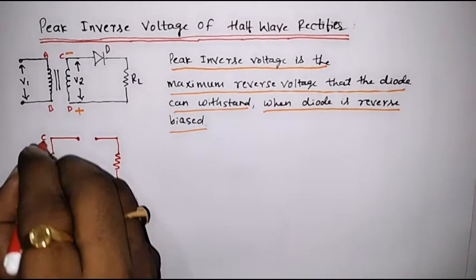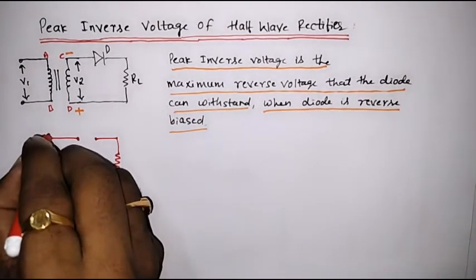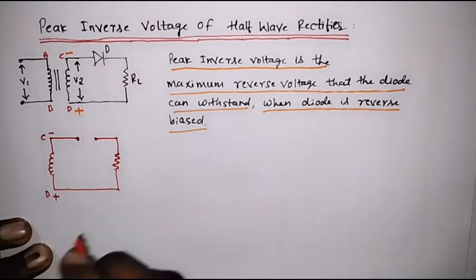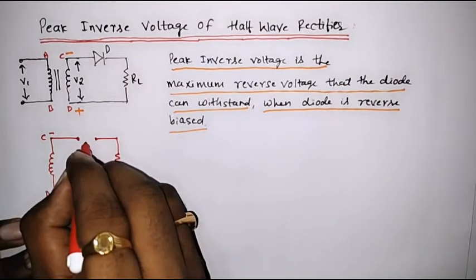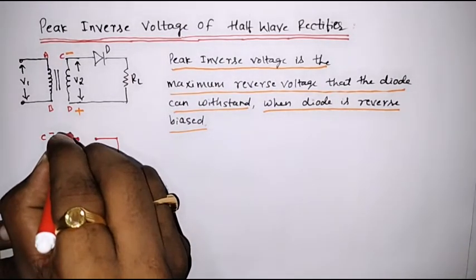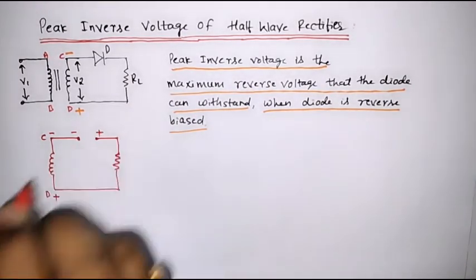So this is C terminal, this is D terminal, this terminal is negative, this terminal is positive. Here there was a diode, now it acts like an open circuit. So this is negative terminal, this is positive terminal.